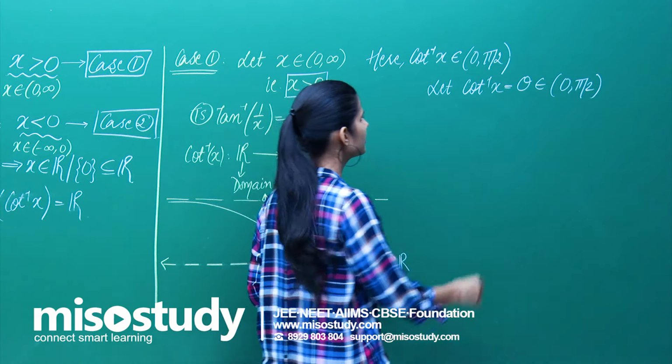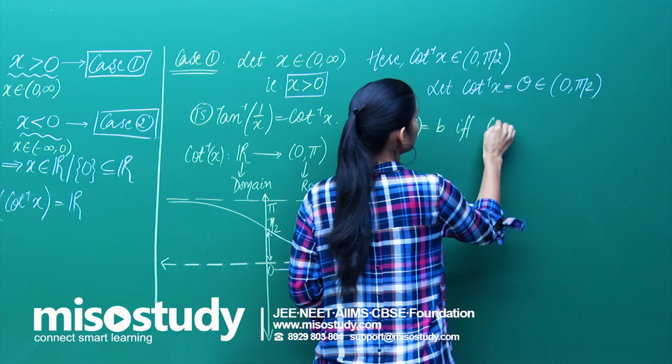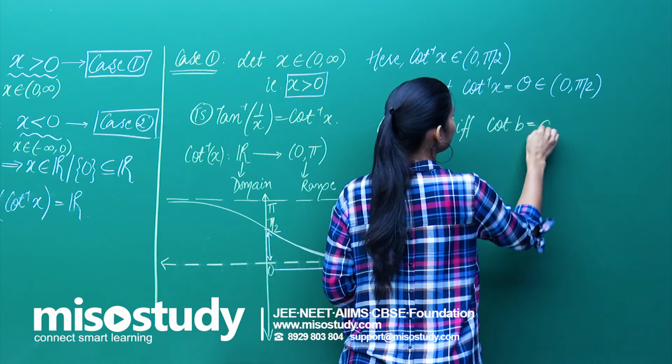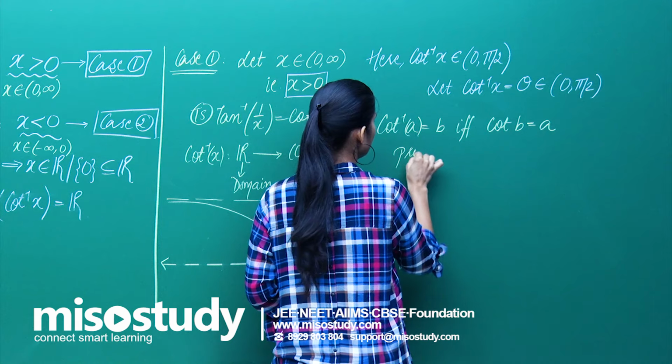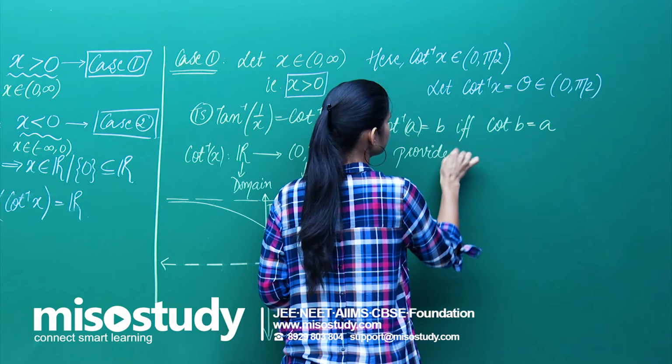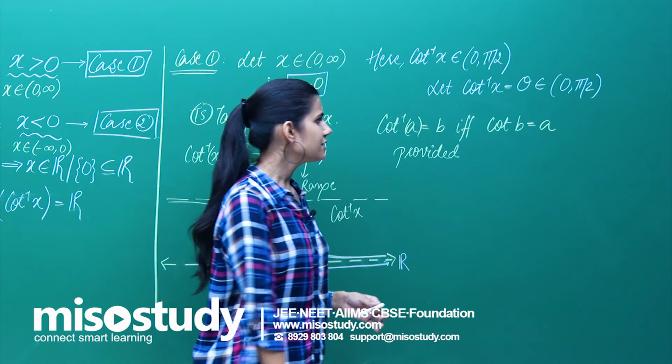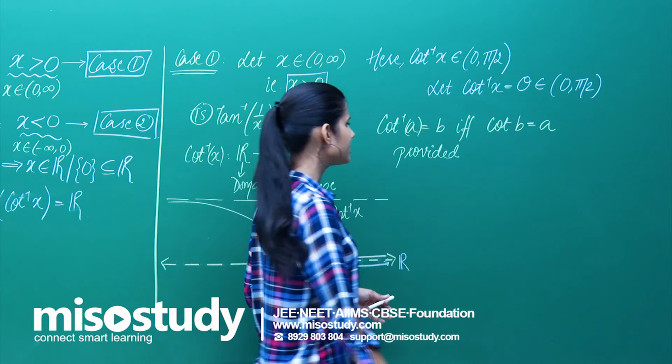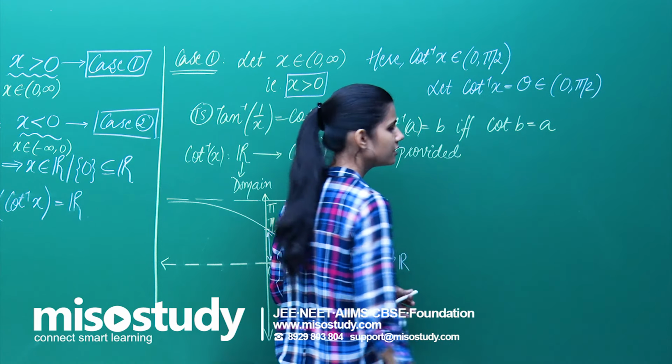Now, if you recall a result again: cot inverse A equals B if and only if cot B equals A, provided what happens?